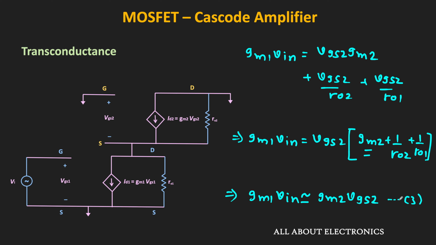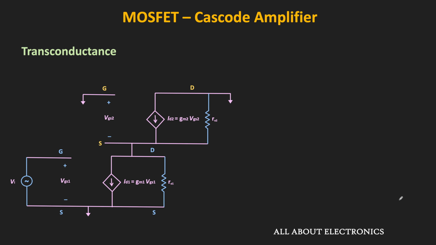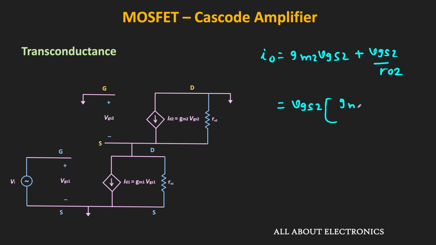Now once again, let us write down the first equation. The first equation was I0 is equal to gm2 times VGS2 plus VGS2 divided by ro2, or we can say that it is equal to VGS2 times (gm2 plus 1 over ro2). Once again, this first term will be greater than the second term. So approximately I0 is equal to VGS2 times gm2.